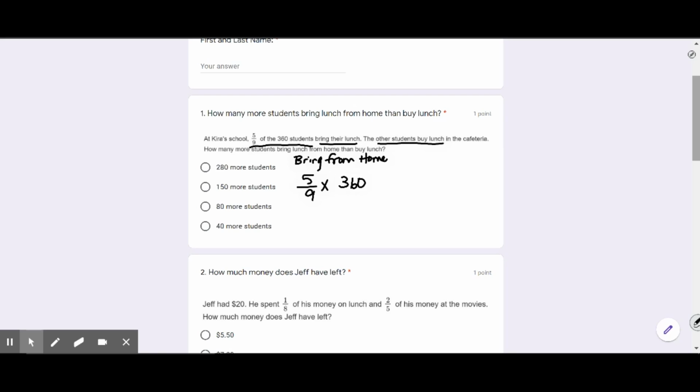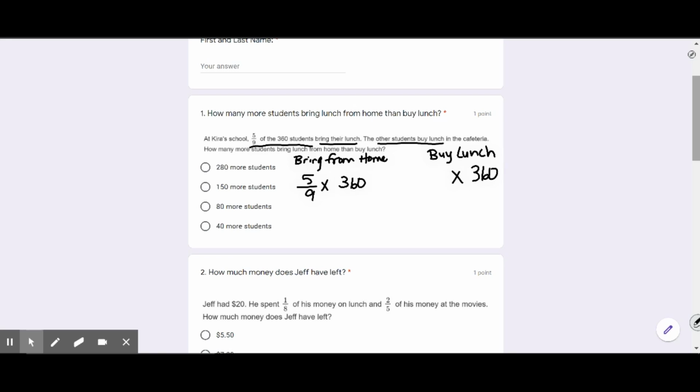Now, the other amount of students that buy lunch is going to be whatever's left over. I'm going to multiply that by 360 because that's what's there. But if we look at that 5/9, what makes one whole if we're using a fraction with 9 as the denominator? 9 over 9 makes one whole, right?